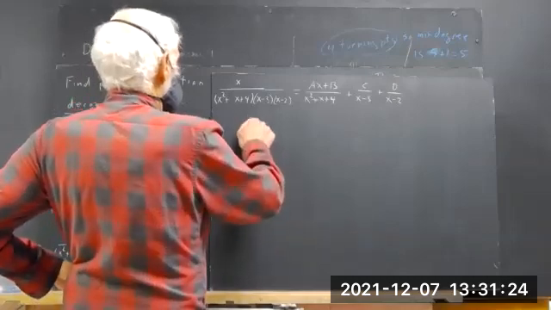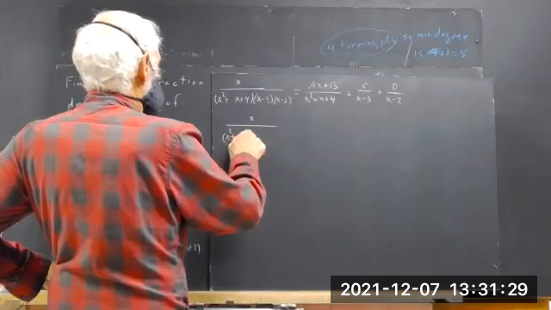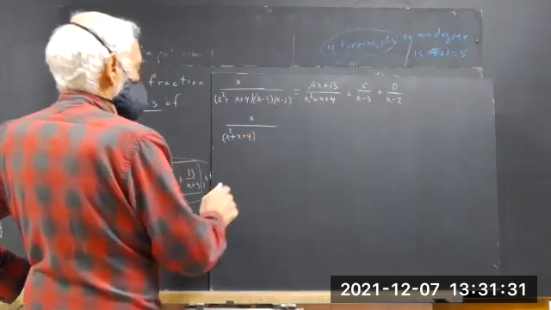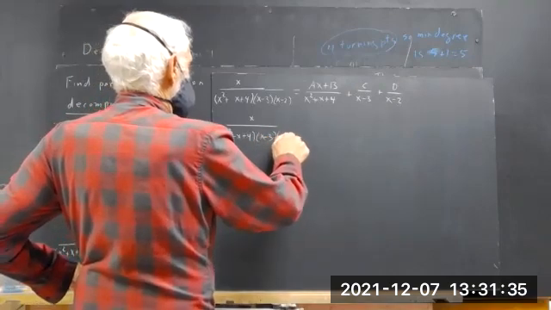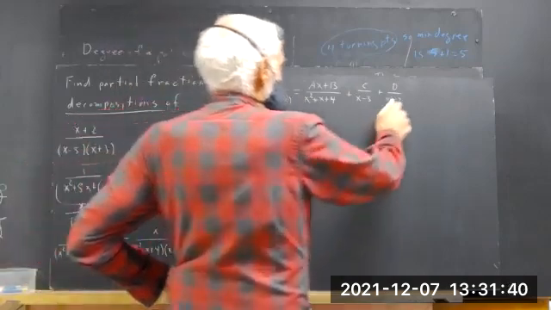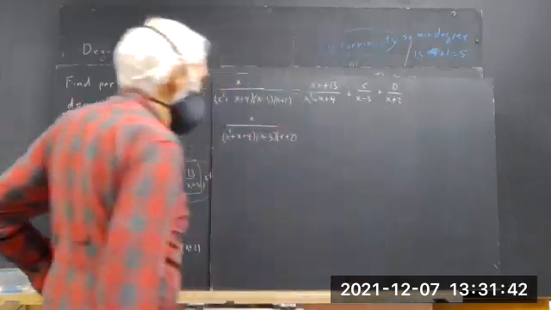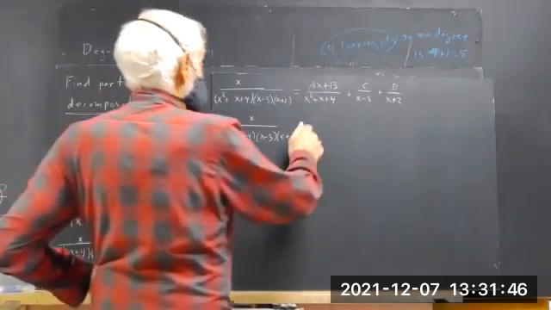So we get x over x squared plus x plus 4 times x minus 3 times x plus 2.